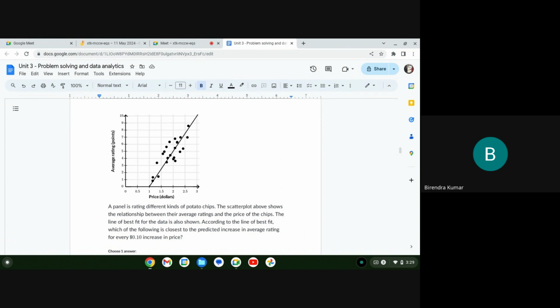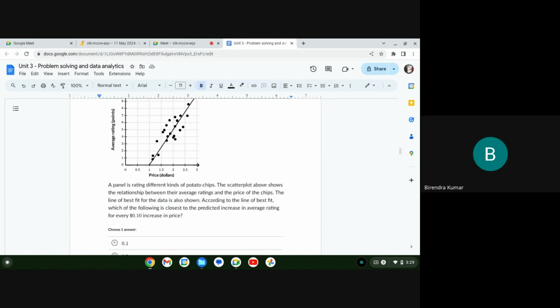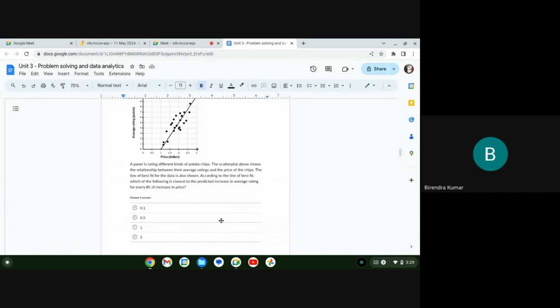The question is, according to the line of best fit, which of the following is closest to the predicted increase in average rating for every 10 cents increase in price? So let's see what your possible answer is for this question, and then we'll debate on that one.